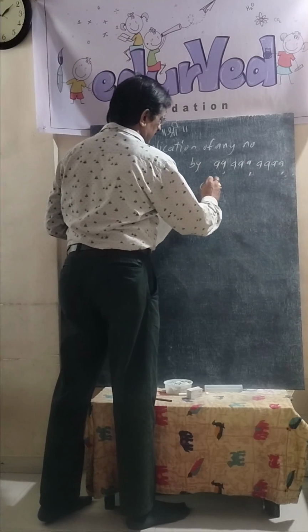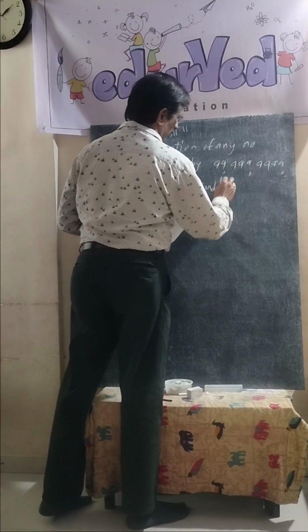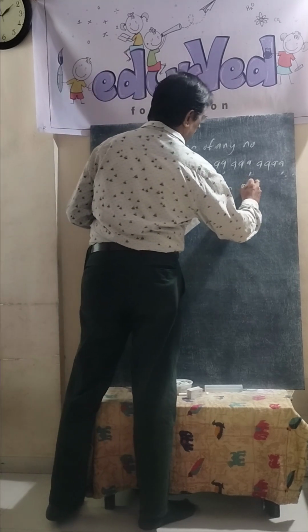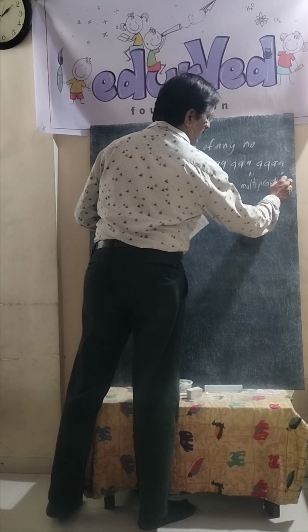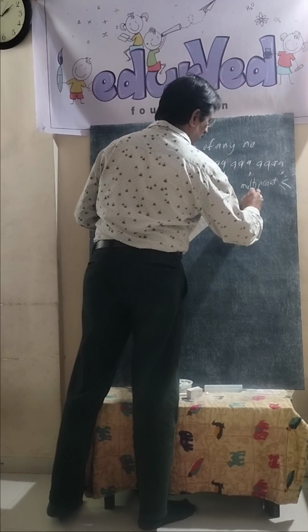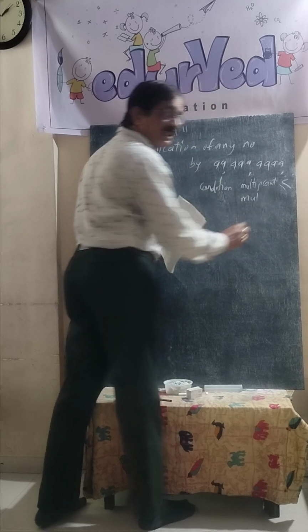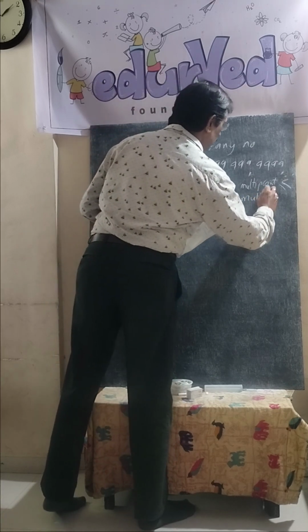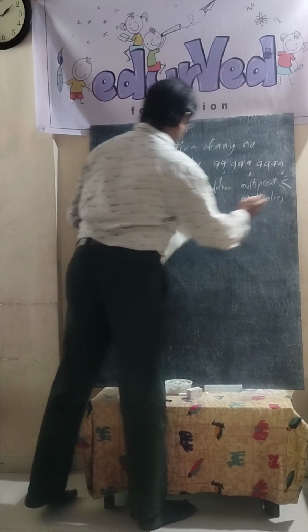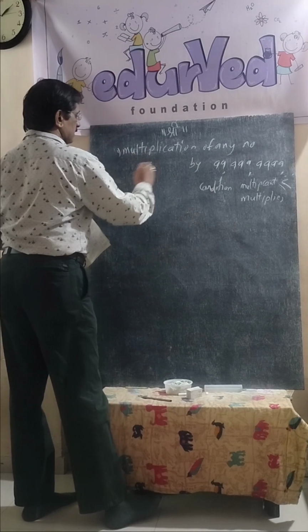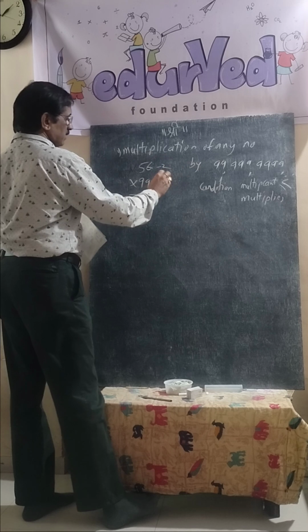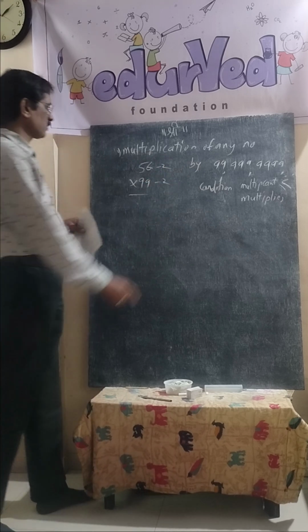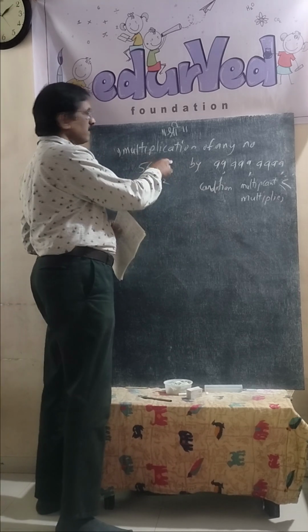The only condition for this is that the number of digits of the multiplicand should be less than or equal to the multiplier. Suppose it is 56 into 99. This is a 2-digit number, this is also a 2-digit number, so this is possible with this step.